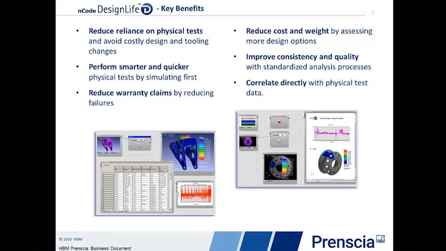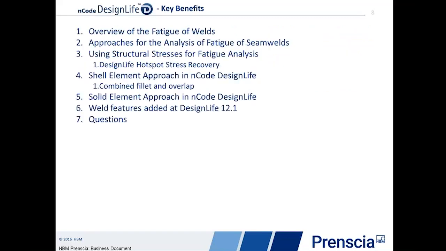And finally, as I had mentioned, it is very much process-oriented, and it lends itself to standardization. So once a process has been developed, you have repeatability and standardization across an engineering group.